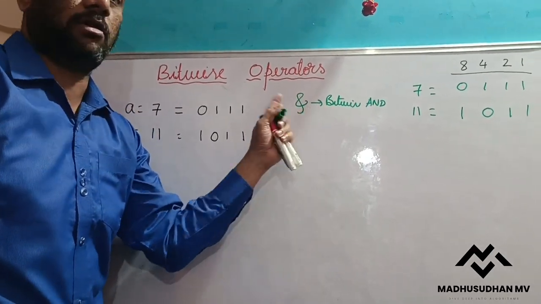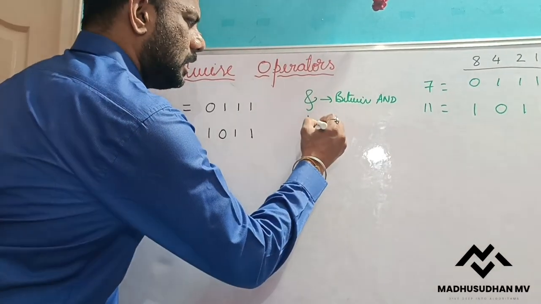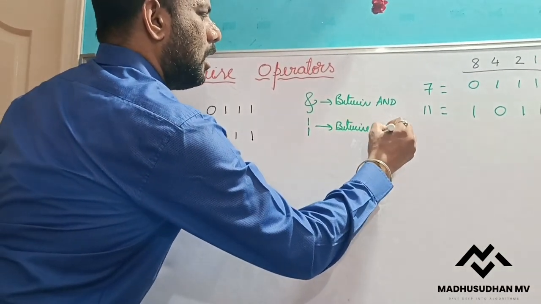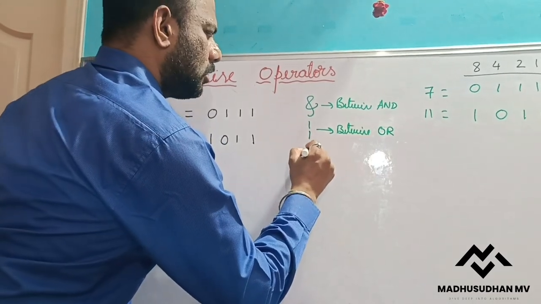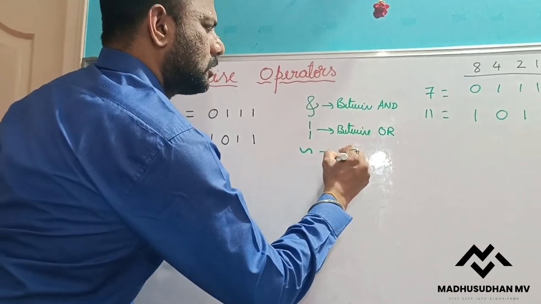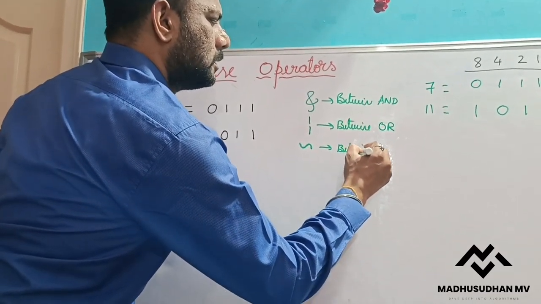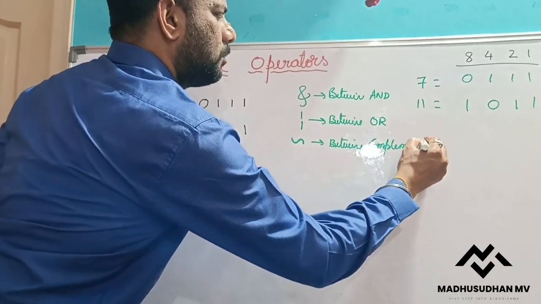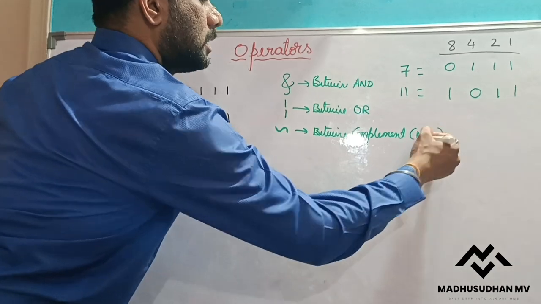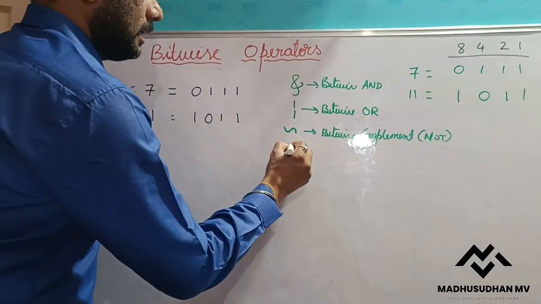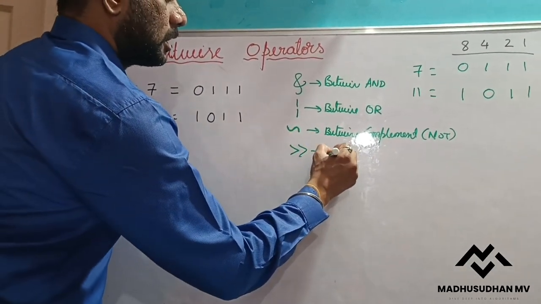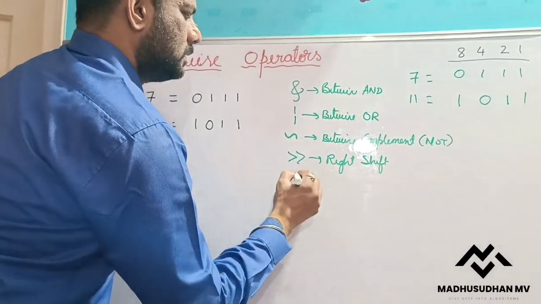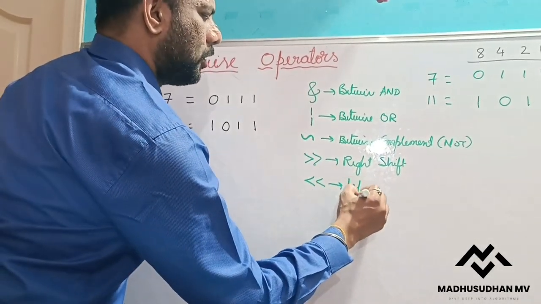If you use double, it is logical AND. Similarly, single pipe is called bitwise OR, and this is called tilde, bitwise complement or bitwise NOT operator. Then this is called the right shift operator, and this is called the left shift operator.